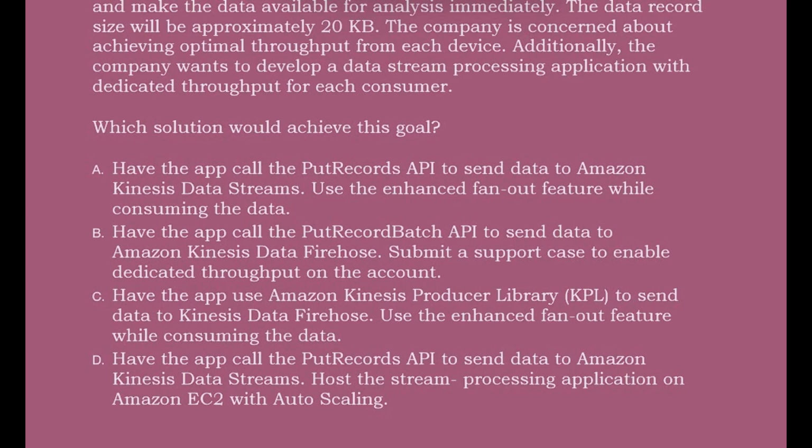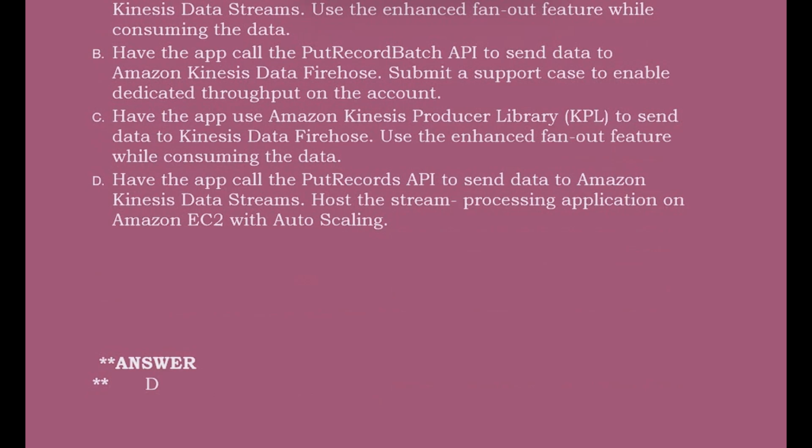Option C. Have the app use the Amazon Kinesis Producer Library (KPL) to send data to Kinesis Data Firehose. Use the enhanced fan-out feature while consuming the data. Option D. Have the app call the PutRecords API to send data to Amazon Kinesis Data Streams. Host the stream processing application on Amazon EC2 with Auto Scaling. Correct answer is option D.